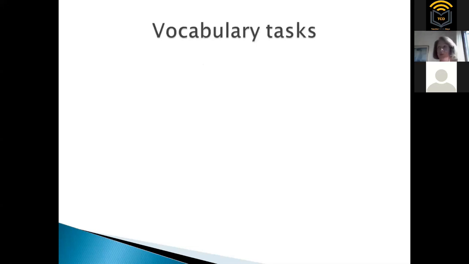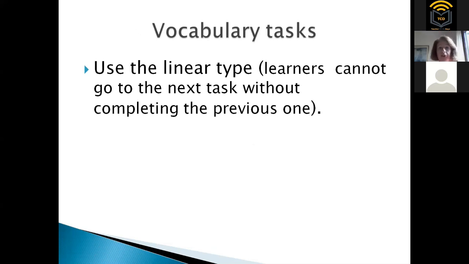One thing is that with hyperlinks, it's going to go a lot faster because they will have the hyperlinks. And first of all, when you develop your vocabulary tasks, you have to remember that they have to be able to have access to the hyperlink. So in the vocabulary tasks, again, you've got to include the hyperlinks to the explanations.